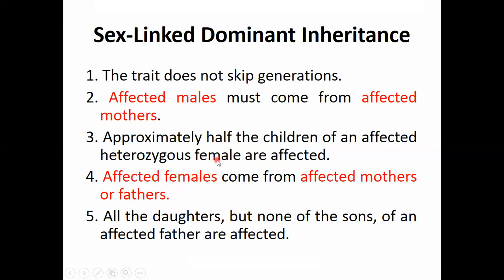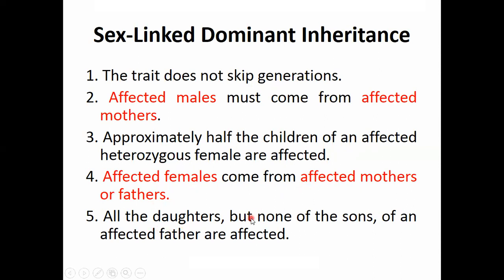A female carries 2 X chromosomes, and 1 X chromosome of the female carries the dominant or affected allele. The other X chromosome of the female carries the normal or recessive allele. It means the female is heterozygous, so she can affect half of her offspring. Affected females must come from affected mothers or fathers.